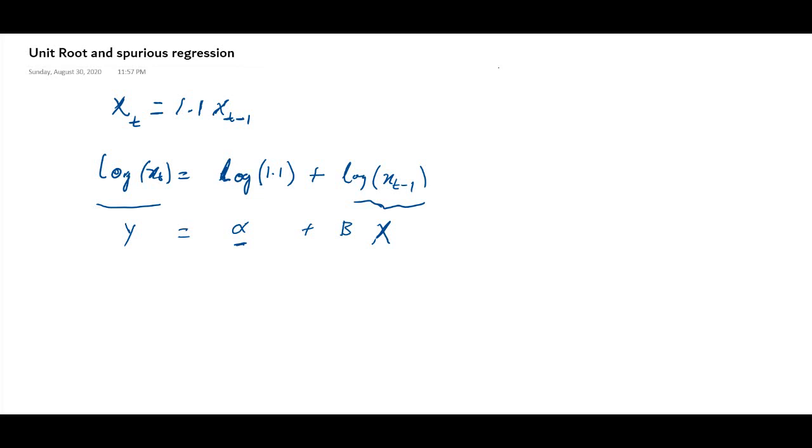So a spurious regression usually has a very high R square and t statistics that appear to provide significant estimates, but the result may have no economic meaning at all. This is because the ordinary least squares estimates may not be consistent, and therefore the tests for statistical inference are not valid.